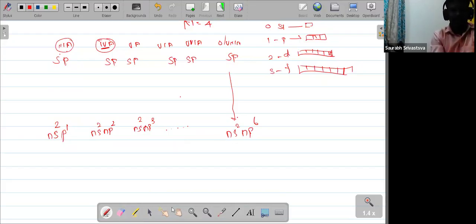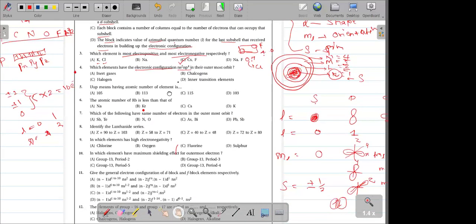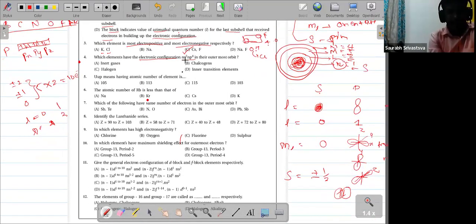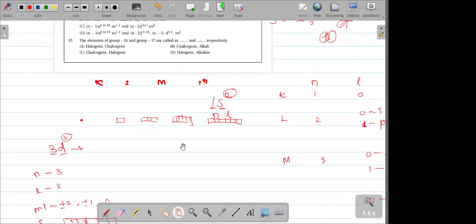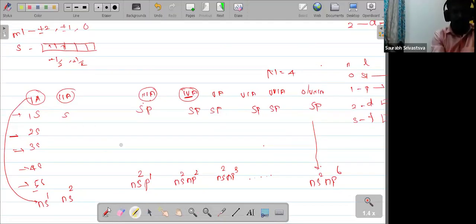Here in our question they have given ns2 np4. Then which element is it? One more thing you have to remember. This is called the alkali metals.